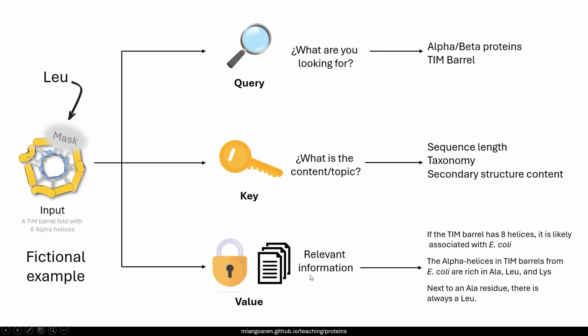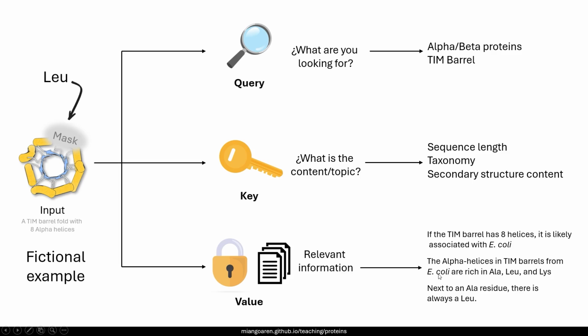And now the values represent the information that helps us make predictions. In this case, it could be that the TIM barrel that has 8 helices is usually associated with E. coli. Again, this is fictitious information. It is not necessarily real, but it serves to illustrate how it would operate with proteins.